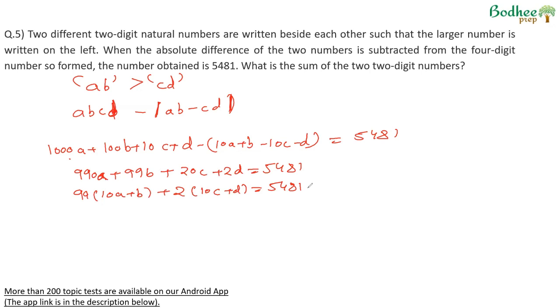5481 is divisible by 9. So 2 into (10C plus D) also has to be divisible by 9 at least. Not divisible by 11.